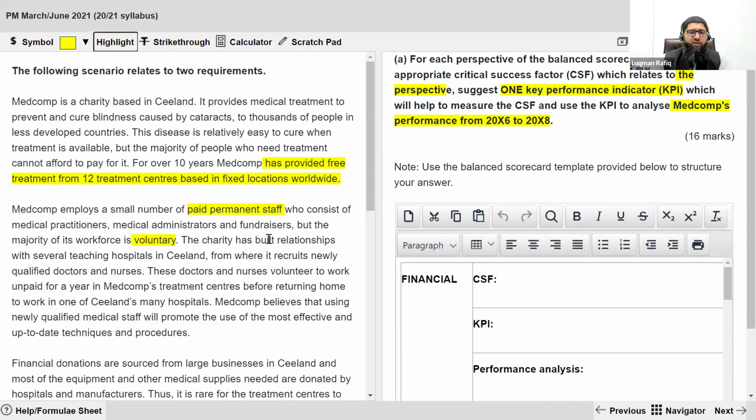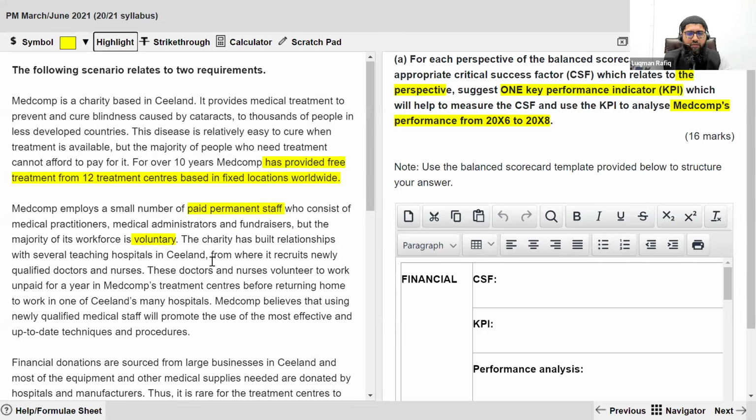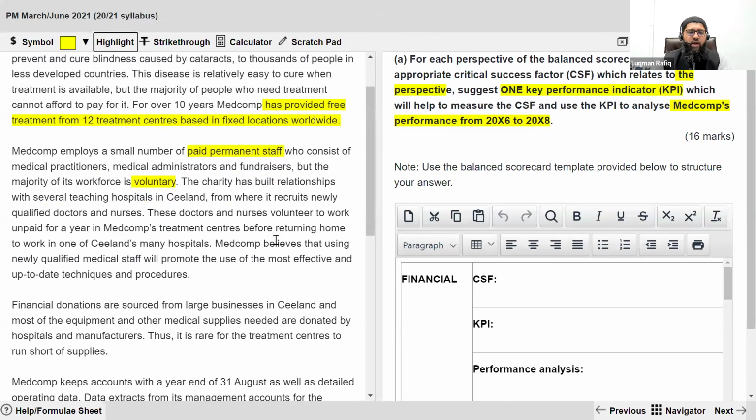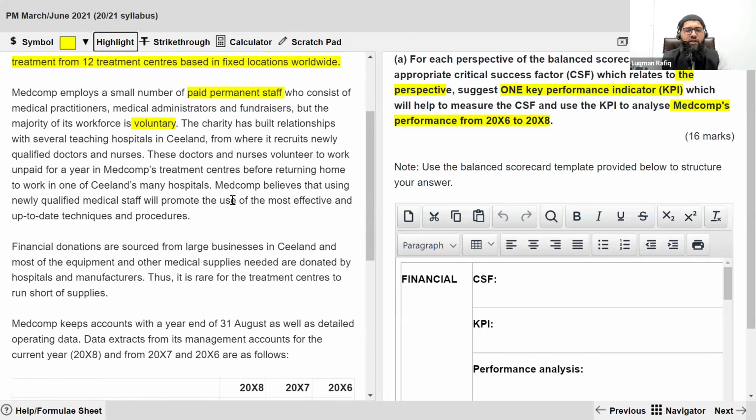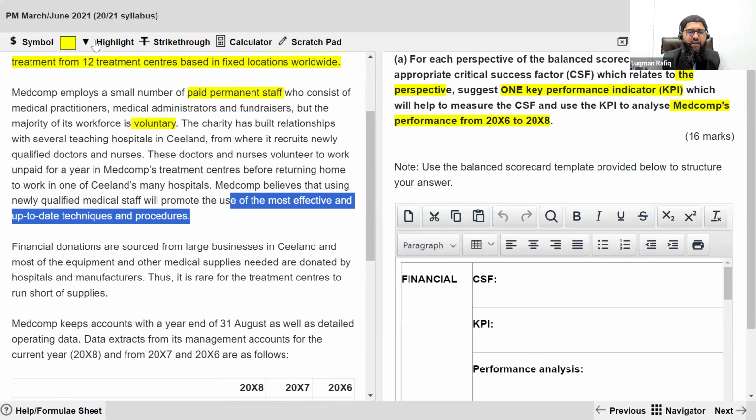The charity has built relationships with several teaching hospitals in Sealand, from where it recruits newly qualified doctors and nurses. These doctors and nurses volunteer to work unpaid for a year in Medcom's treatment centers before returning home to work in one of Sealand's hospitals. Medcom believes that using newly qualified medical staff will promote the use of the most effective and up-to-date techniques and procedures.